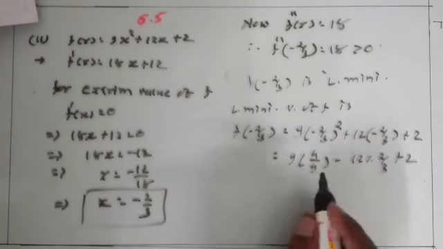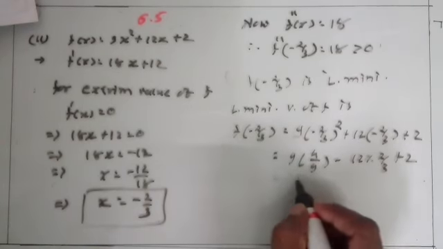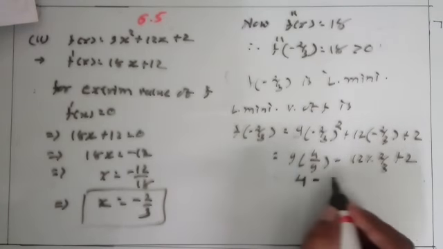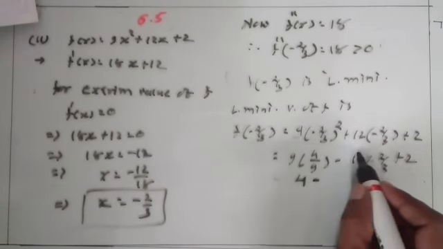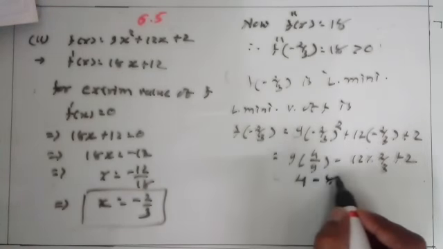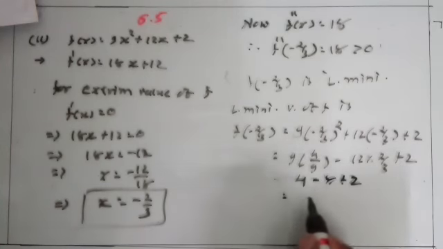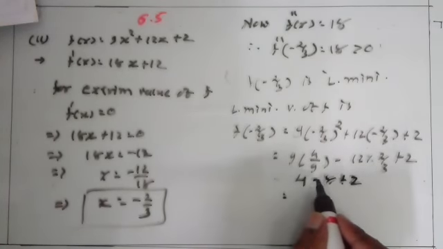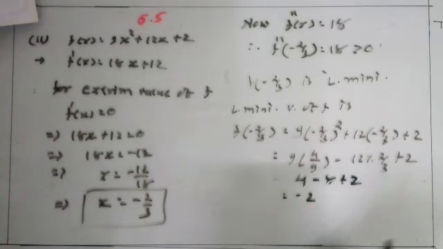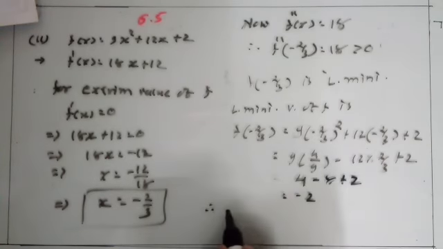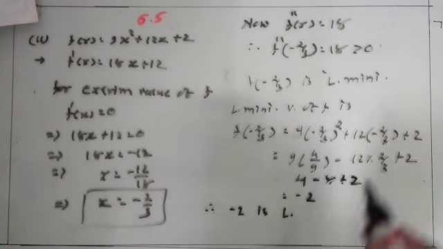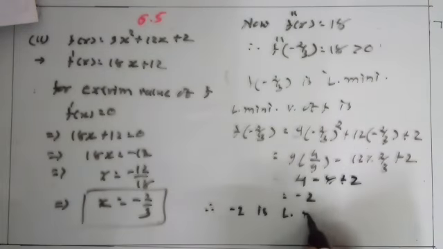Now simplify: the 9 cancels, so we get 4 minus 8 plus 2, so 4 plus 2 is 6 minus 8, which is equal to minus 2. Therefore minus 2 is the local minimum, since it is greater than 0 case, so minimum. Clear?